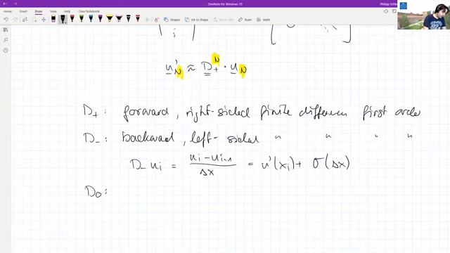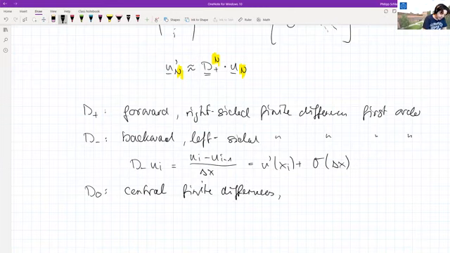And then d0, that would be the third option, and this would now be central finite differences. And it turns out, and we will calculate that later on as well, these are actually of second order.